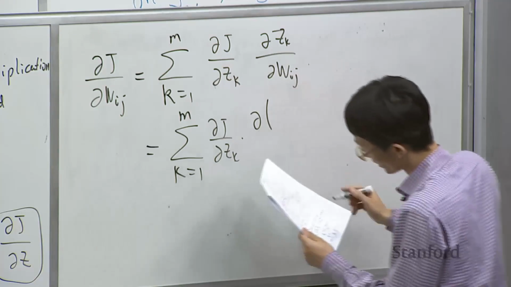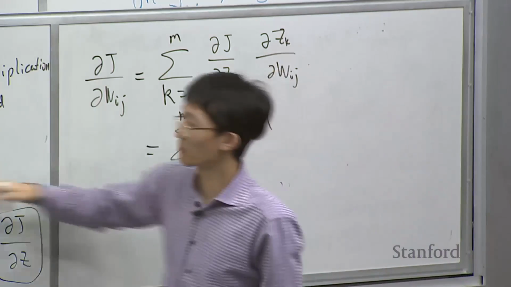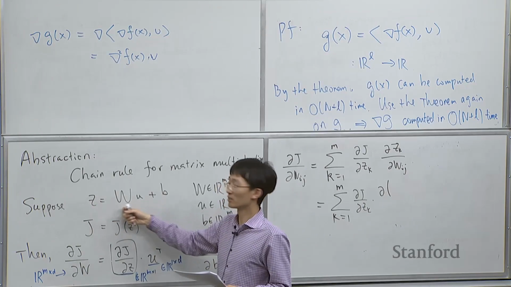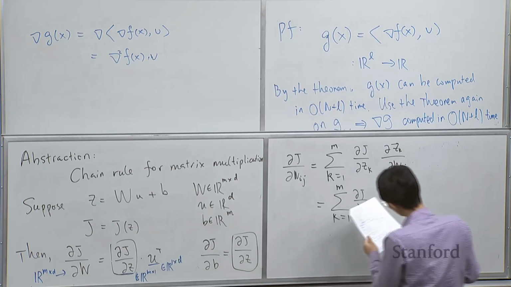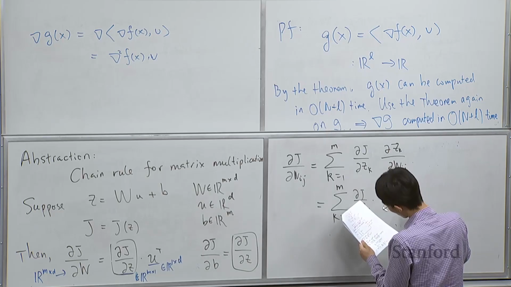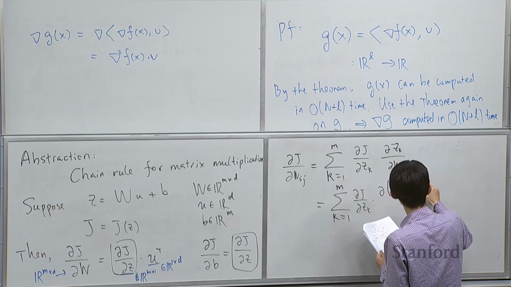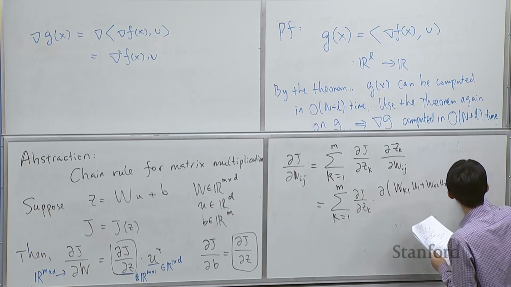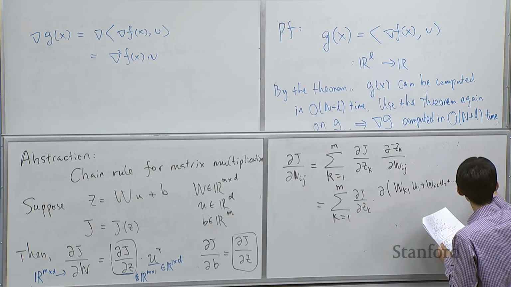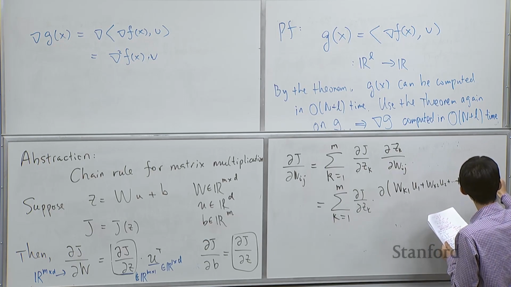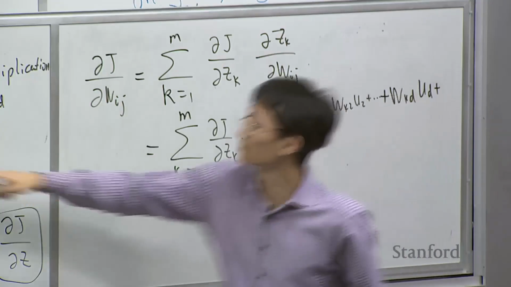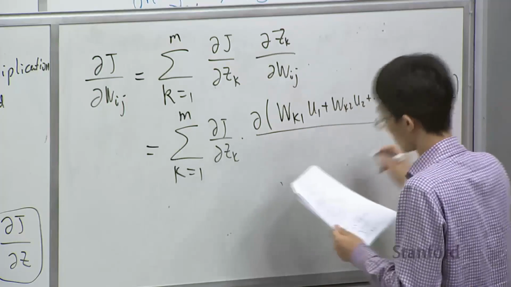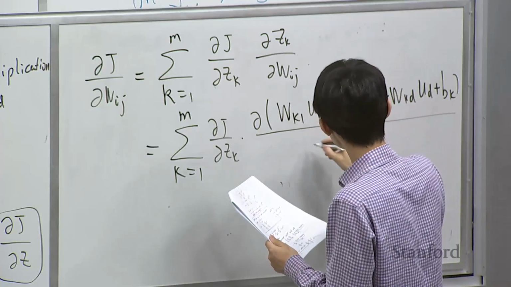What's the definition of z_k? z_k is defined by this matrix multiplication. The k-th dimension of this is going to be, by the definition of matrix multiplication, w_k1 times u_1 plus w_k2 times u_2, dot dot dot, until w_kd times u_d, plus this b_k. And you look at the partial derivative of this with respect to w_ij.